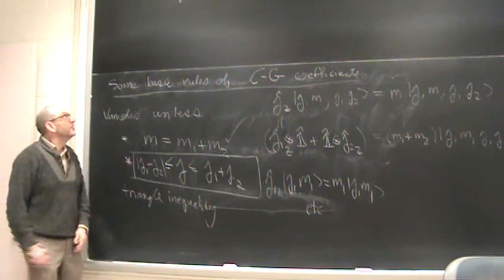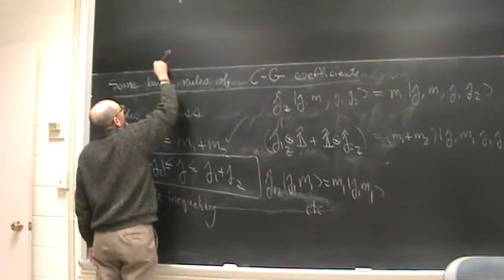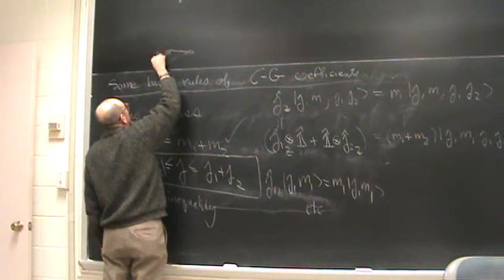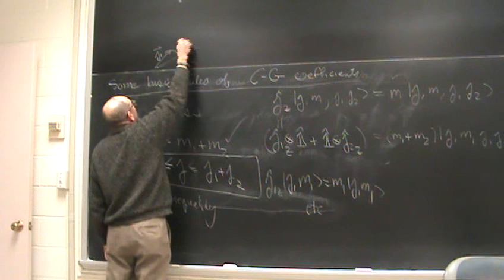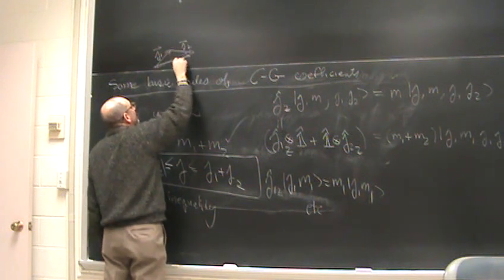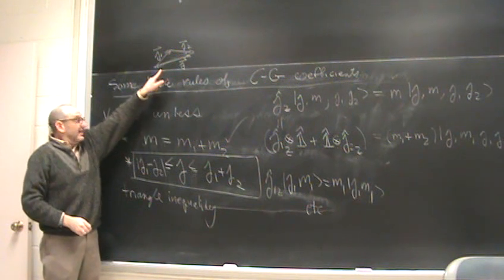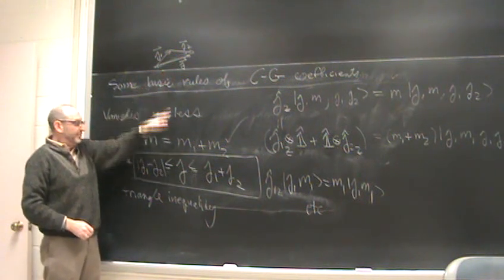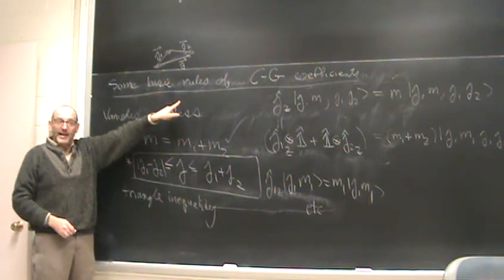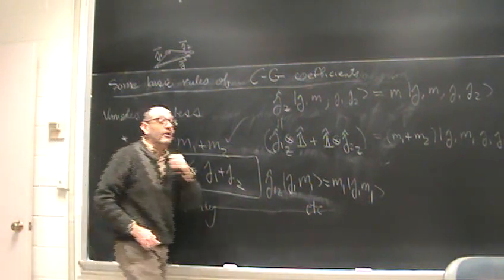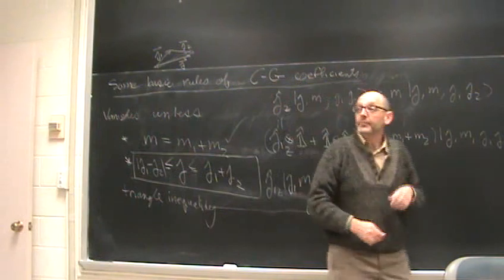If I have two vectors that I'm adding together, this J as a vector is between the sum of the magnitudes and the difference. Okay? It's true for the quantum mechanical quantum numbers as well.